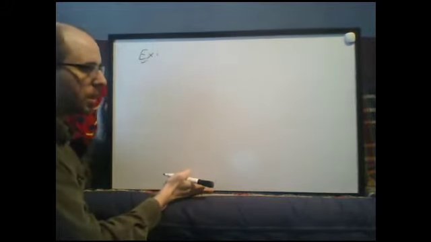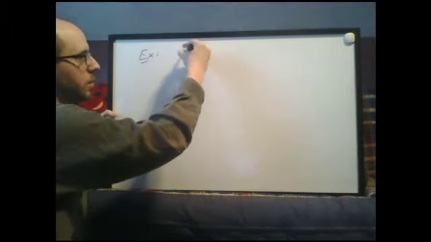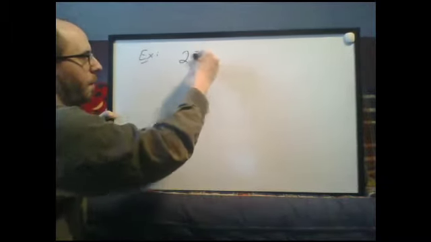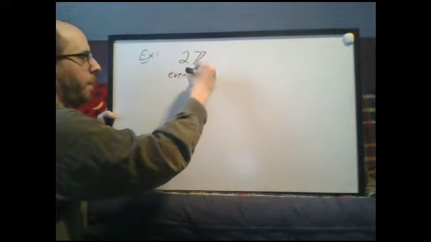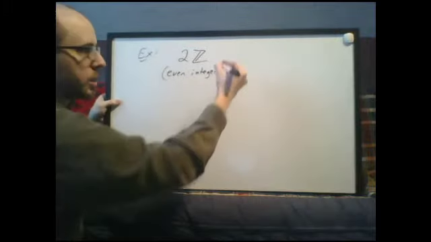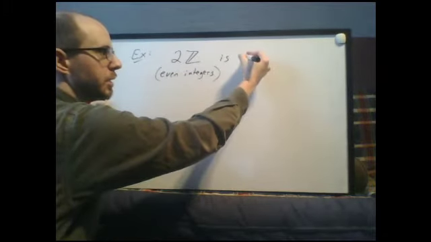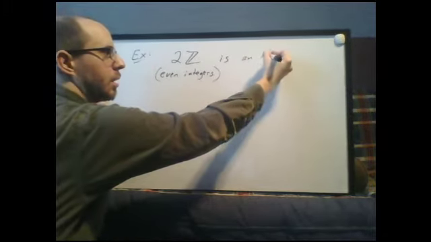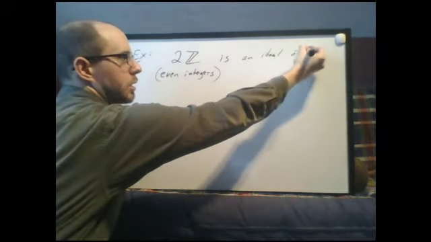Maybe the simplest, or the one that we're most familiar with, would be the even integers. So 2Z, that's the set of even integers. This is an ideal of the integers.